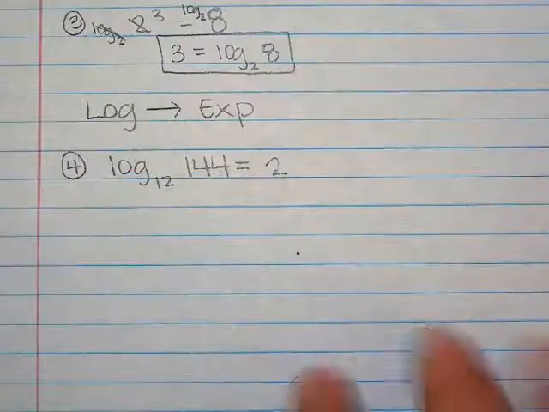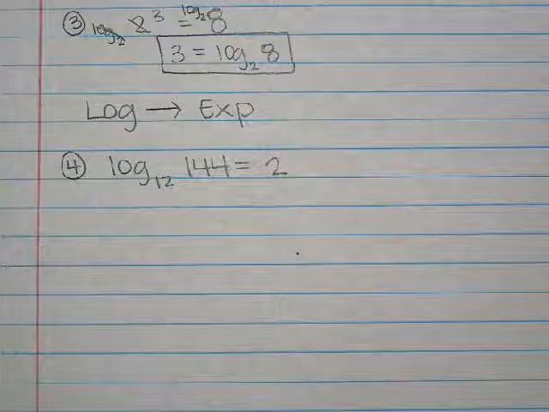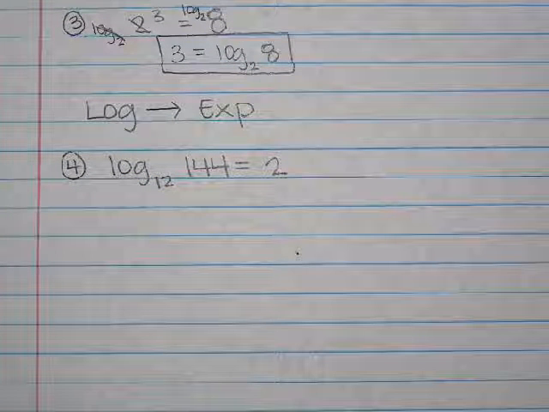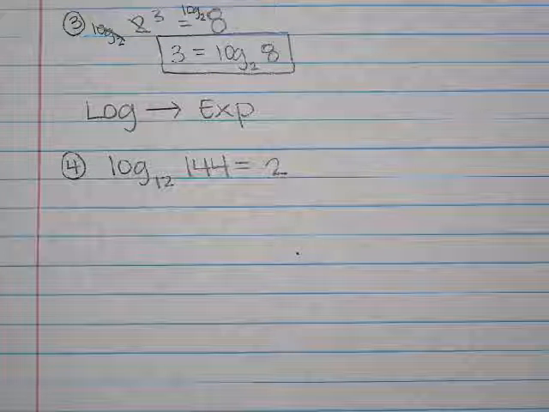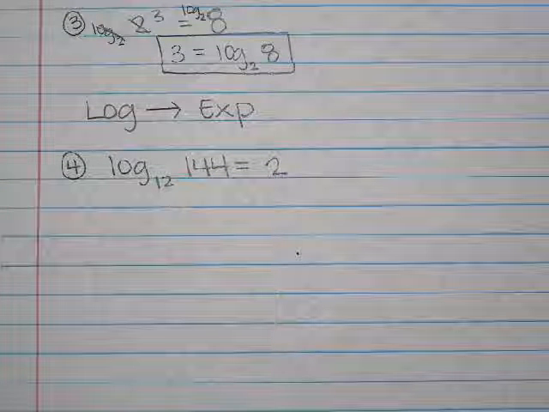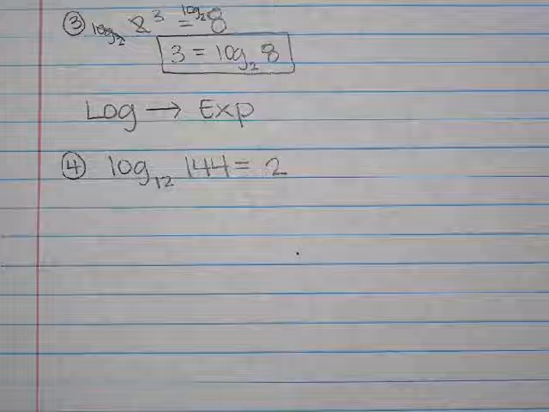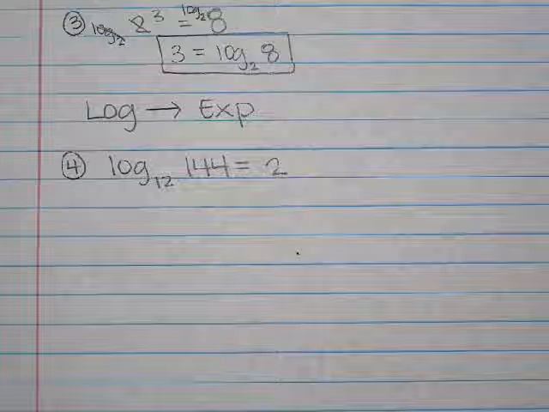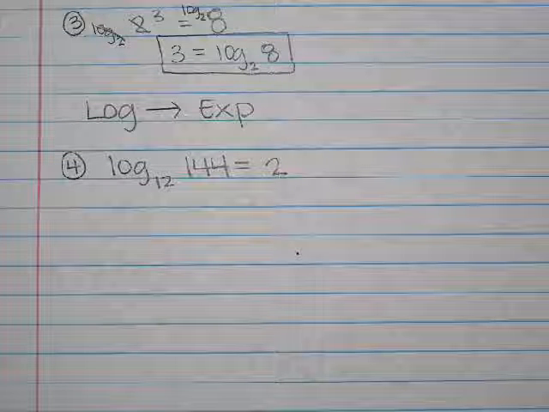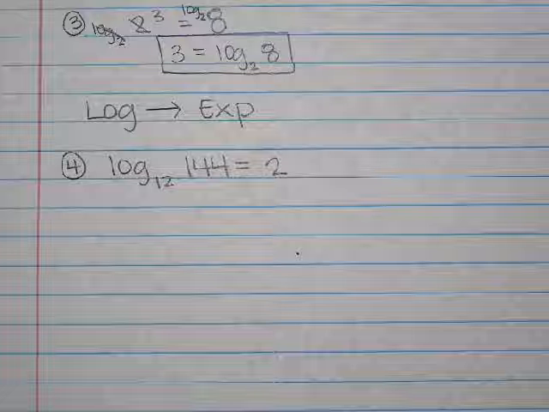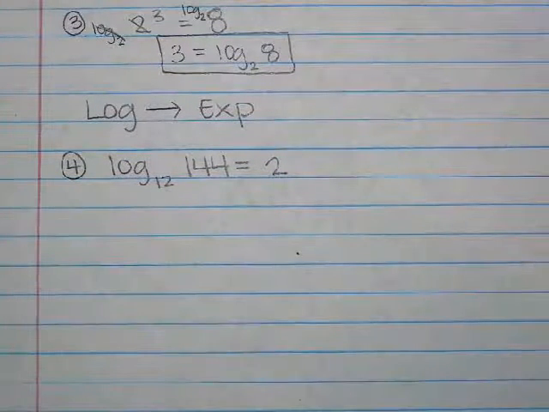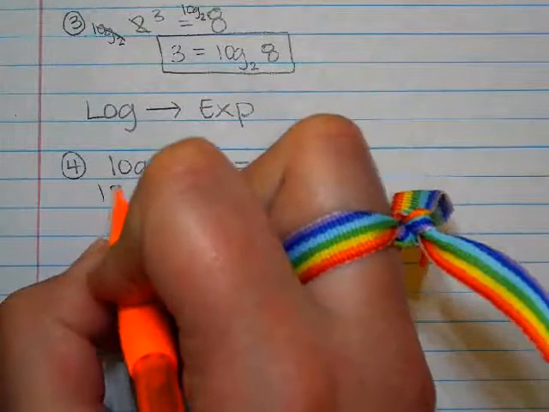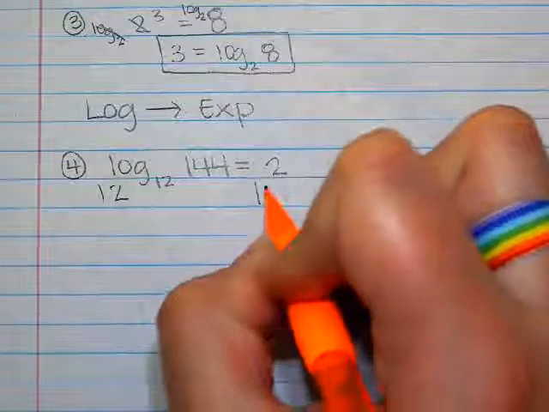So what is the base that you can see in this problem? 12. So if I want to get rid of a log base 12, I have to turn this into an exponential problem with a base of 12.